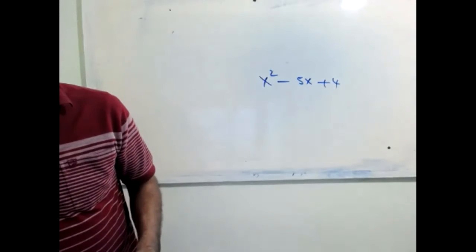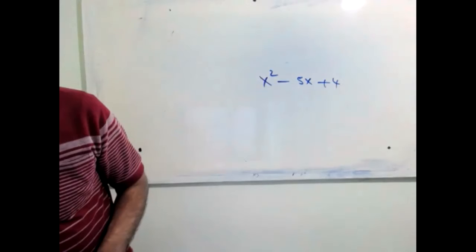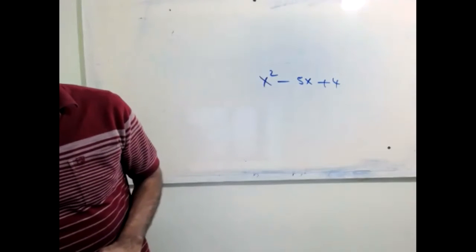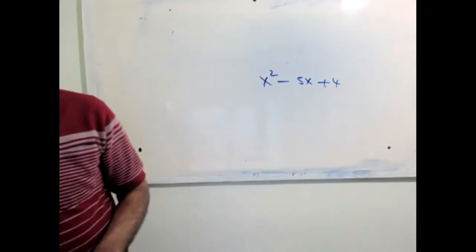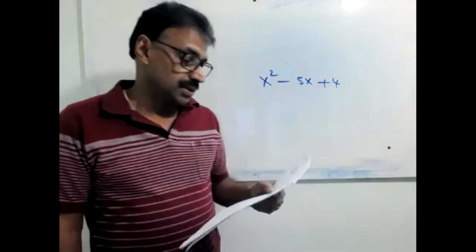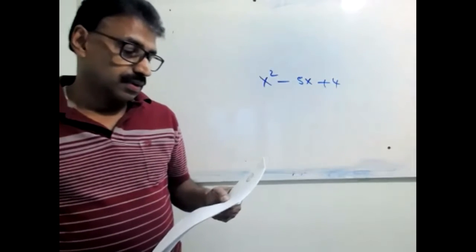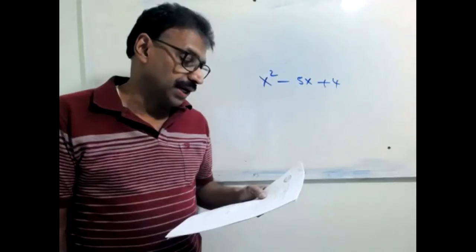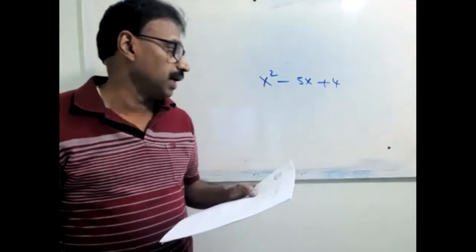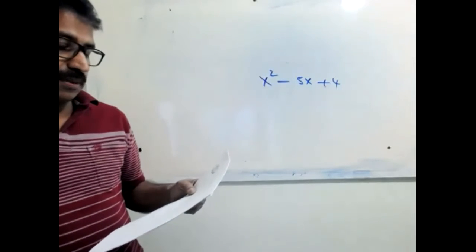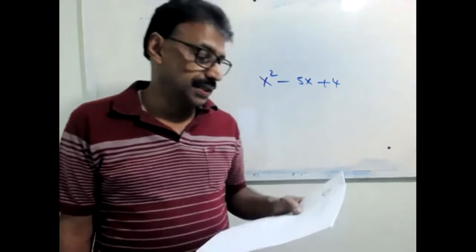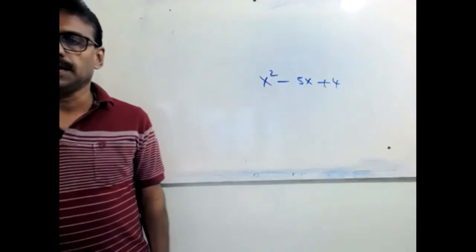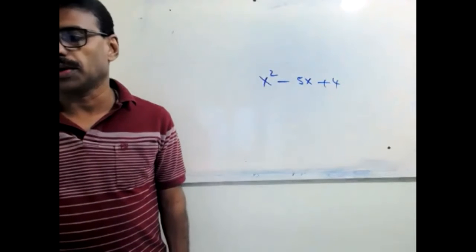Question again. What number should be added to the polynomial x square minus 5x plus 4, so that 3 is the zero of the polynomial?